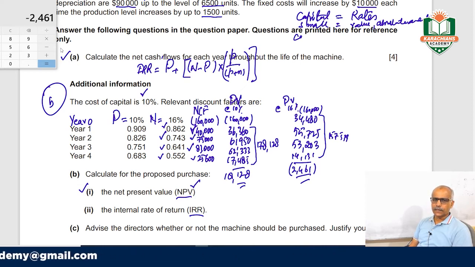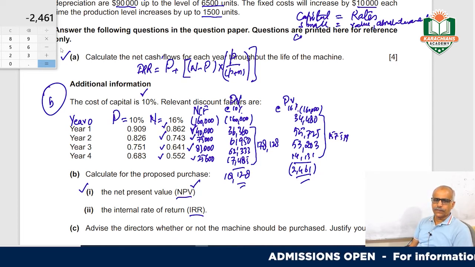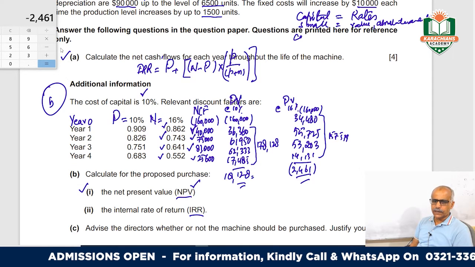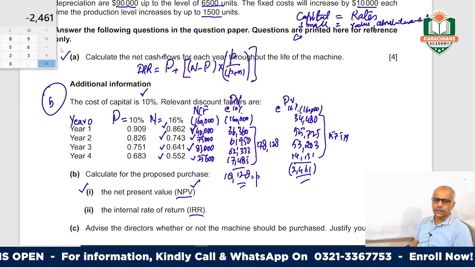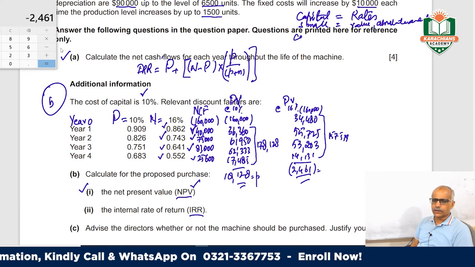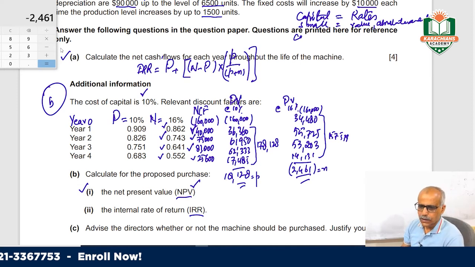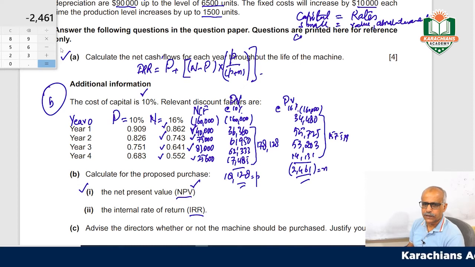On capital P, the positive value you are getting is called small p, meaning positive value, and this is called small n, meaning negative value. So we will be putting these figures here, and we will get IRR.